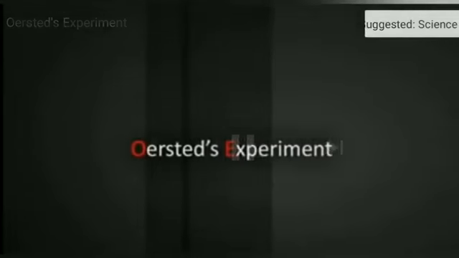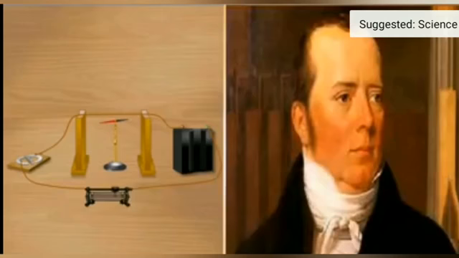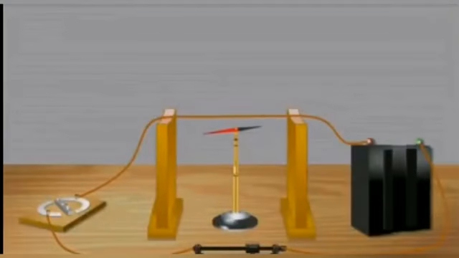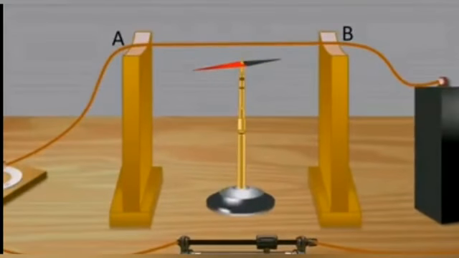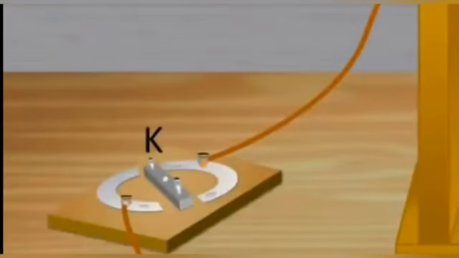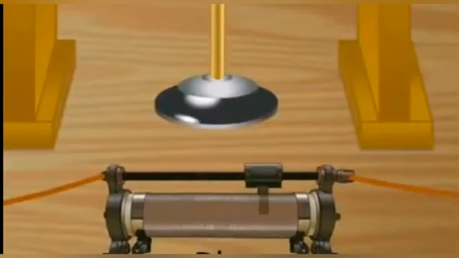Ørsted's experiment. In 1820, Hans Christian Ørsted performed a simple experiment and discovered the magnetic effect of electric current. The experimental setup, similar to Ørsted's experiment, which led to the discovery of magnetic effect of electric current, is shown in the animation. A conducting wire AB lying in north-south direction is connected to a battery V through a commutator or tapping key K and rheostat RH.